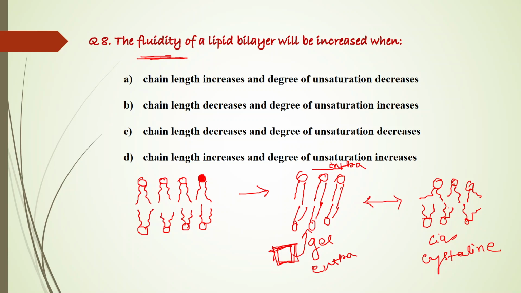If it gets distorted, then there are channels through which other molecules can pass. This is called the fluidity of the bilayer membrane. You need some randomness in your lipid bilayer so that other molecules can pass through it. Otherwise, if it is fully ordered and crystalline, like in the gel form, there will be no transport through the membrane, and the whole biological system will fail.